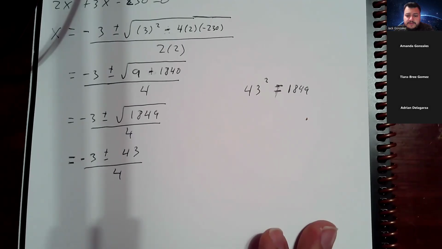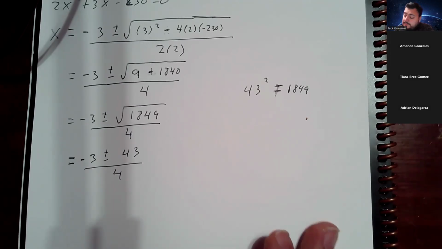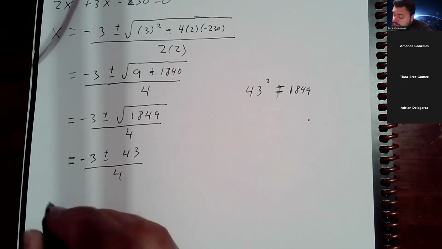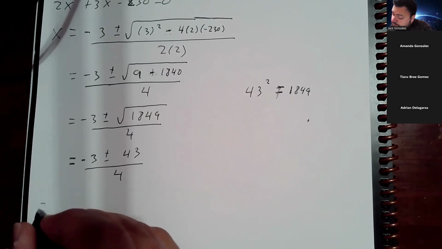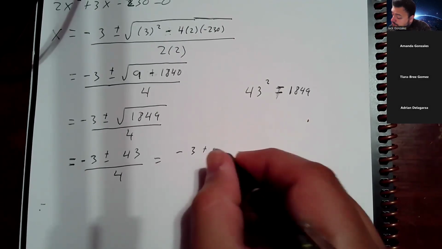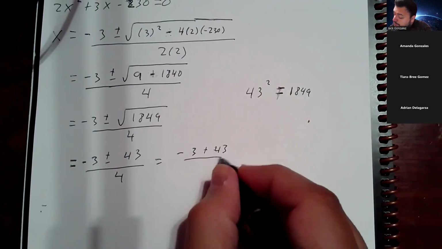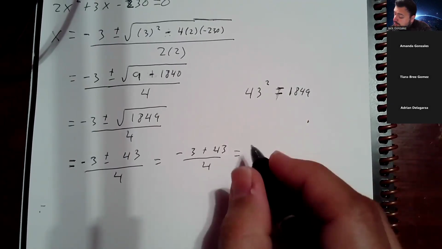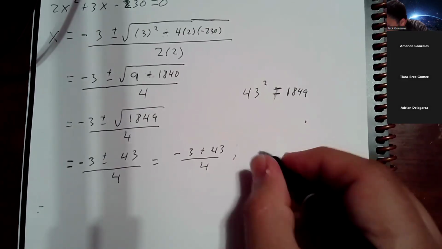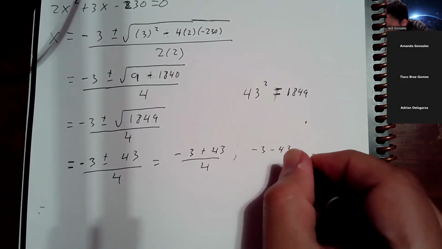See if this simplifies. I think it does a little bit. Negative 3. Let me do it over here. Negative 3 plus 43 over 4 is, and then we have negative 3 minus 43 over 4.